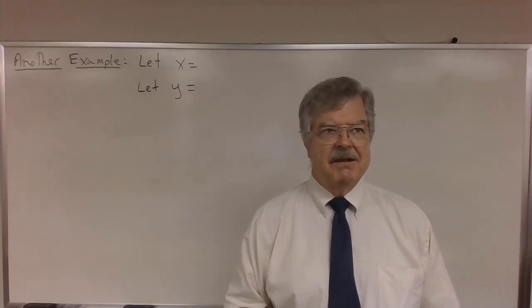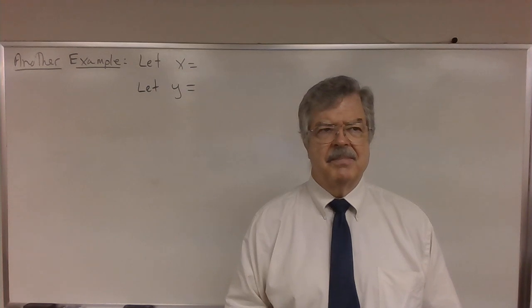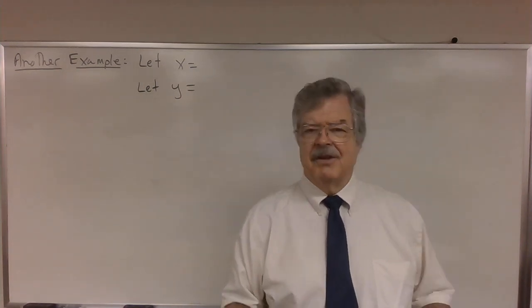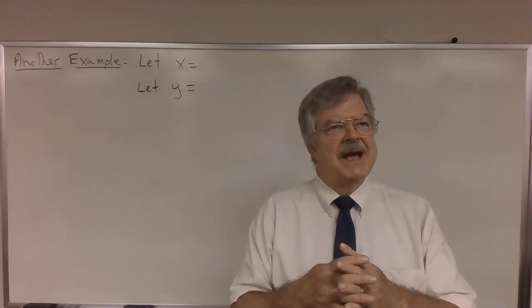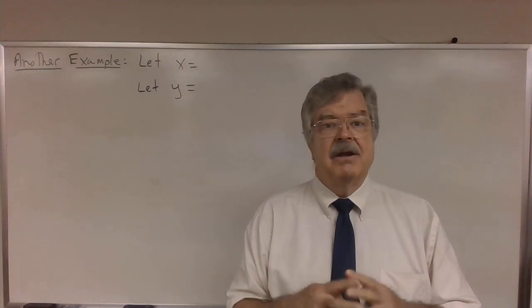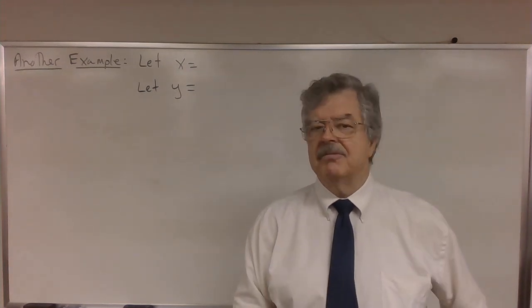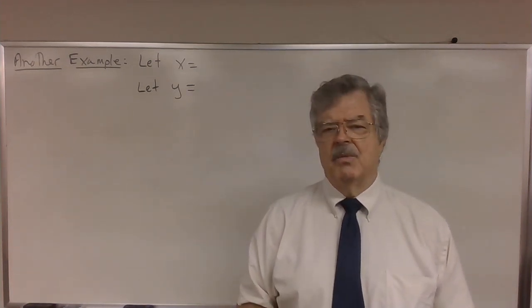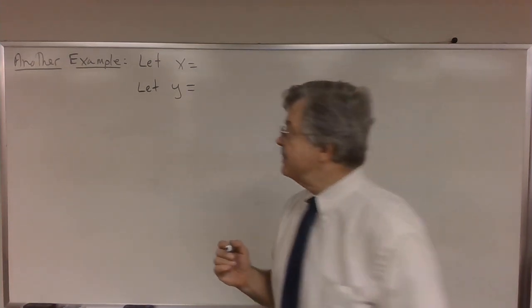So could we create an x with a non-terminating, non-repeating decimal representation, and then create y with a non-repeating, non-terminating decimal representation, such that when we add them together, we get a non-terminating, repeating decimal representation? Let me write down what would be a good choice for x.